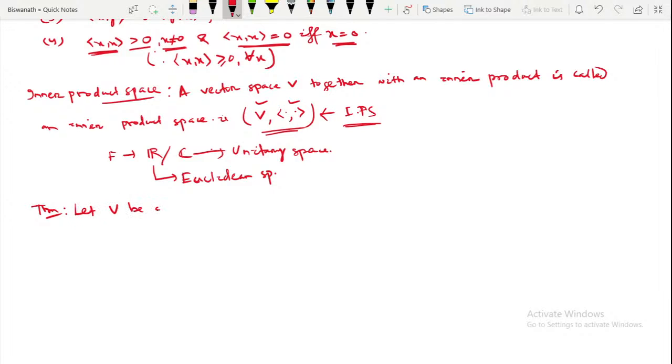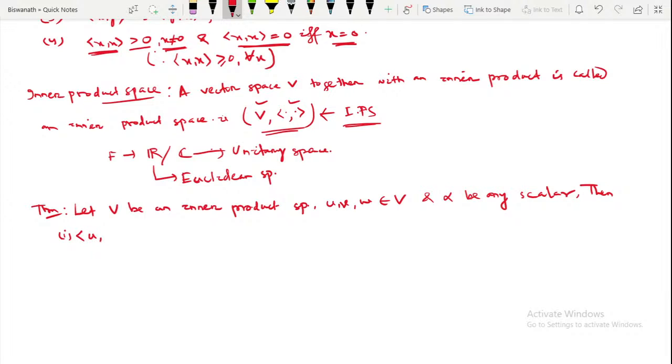Let u, v, w be any three vectors in V, and alpha be any scalar. Then we have to show these things.